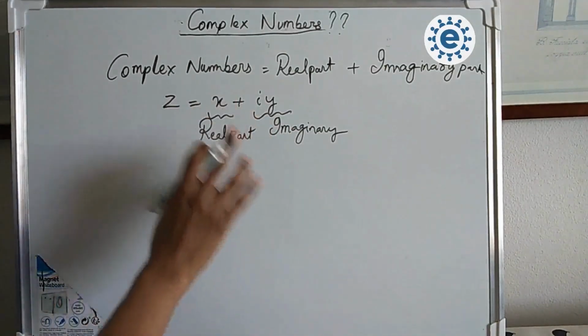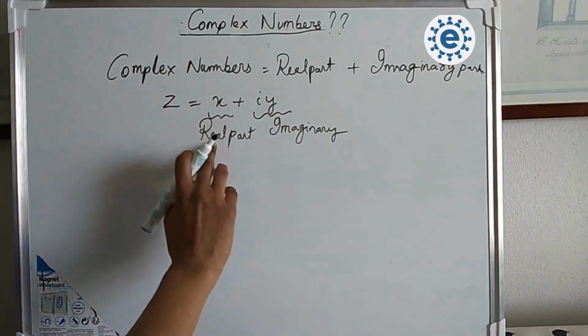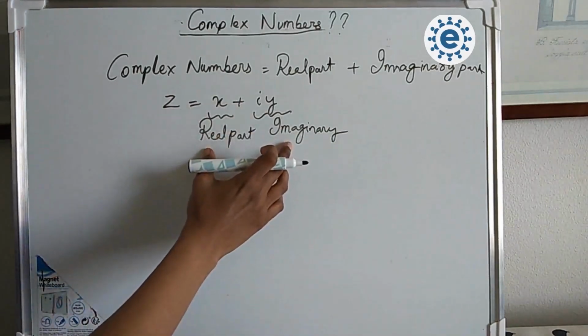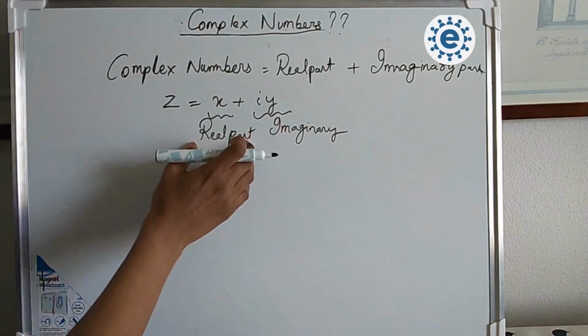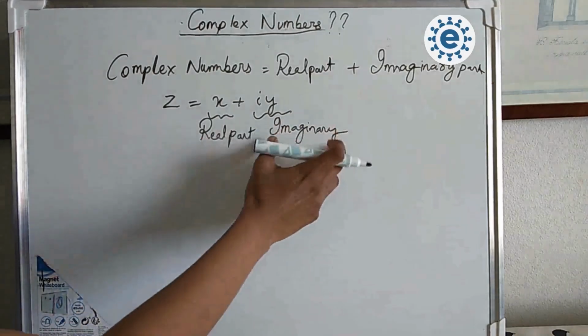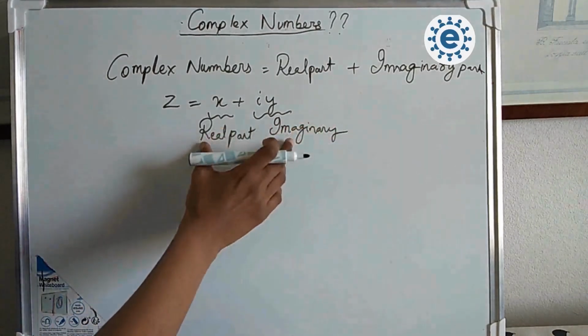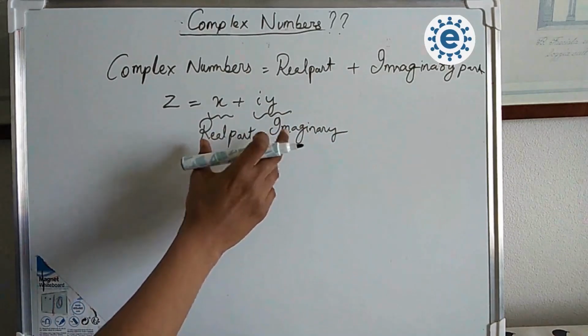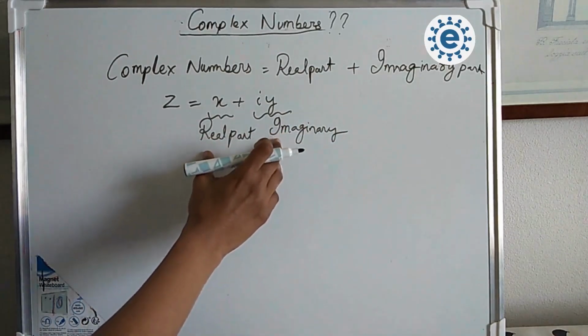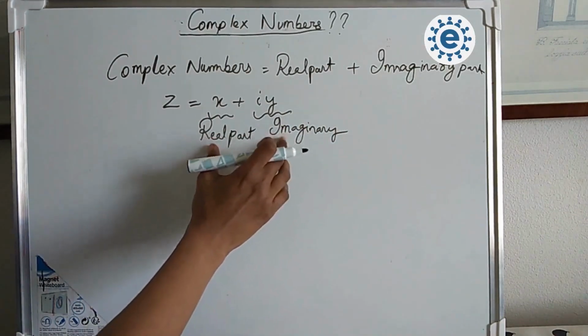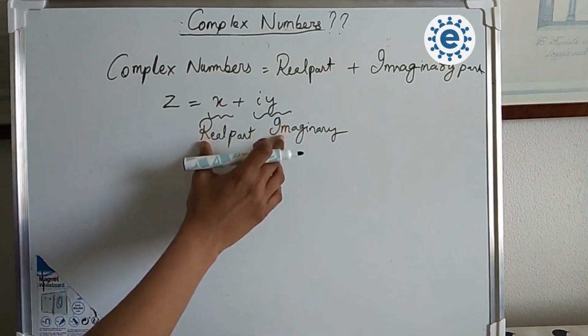Remember, these 2 parts cannot be added, because the real part is completely different from the imaginary part. We cannot add these 2 parts. So students, don't get confused in this. This is a very important part you should not miss.